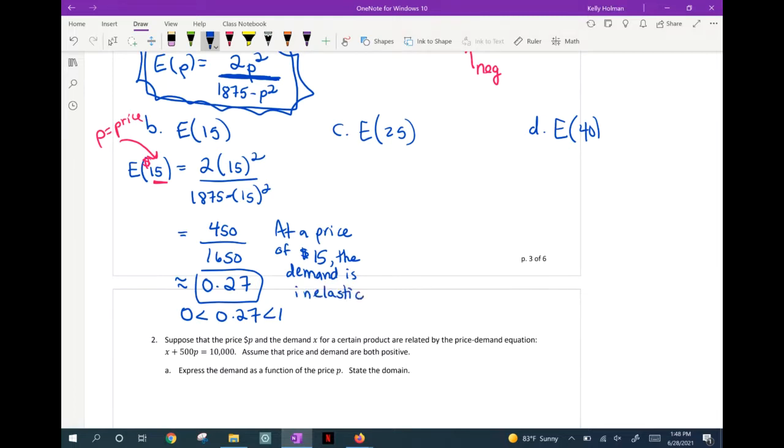That means it won't change very much based on the price. Right now, all you need to know is that it's inelastic. Later, we'll see how to go one step further. We're just practicing the calculations right now. So I'm inputting a price, and my output, all it's telling me right now is that it's inelastic.